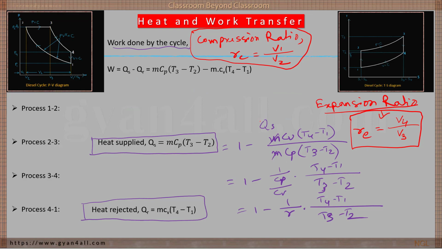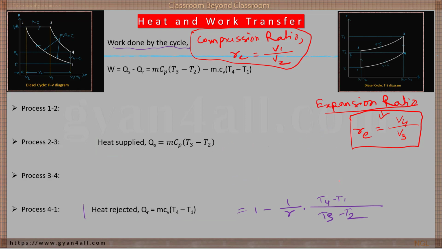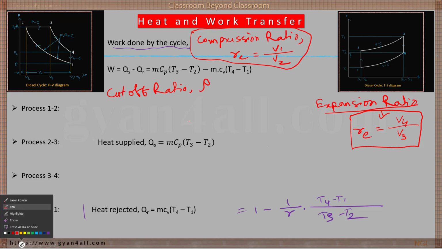Look at the PV diagram and see V4 equal to what? Today we have introduced a new ratio for you. One is the compression ratio, another is the expansion ratio. There is another ratio called the cut off ratio, represented by rho.